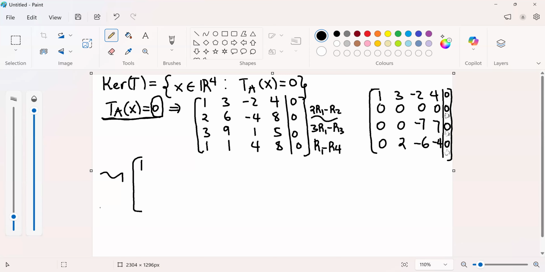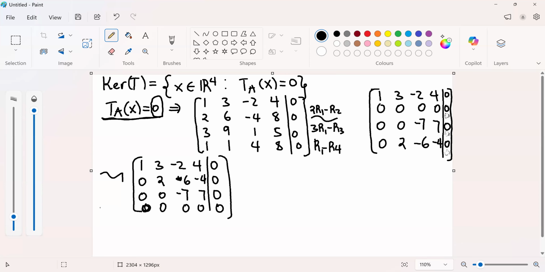This remains 1, 3, -2, 4, 0, then 0, 2, -6, -4, 0, then 0, 0, -7, 7, 0, 0, 0, 0, 0.